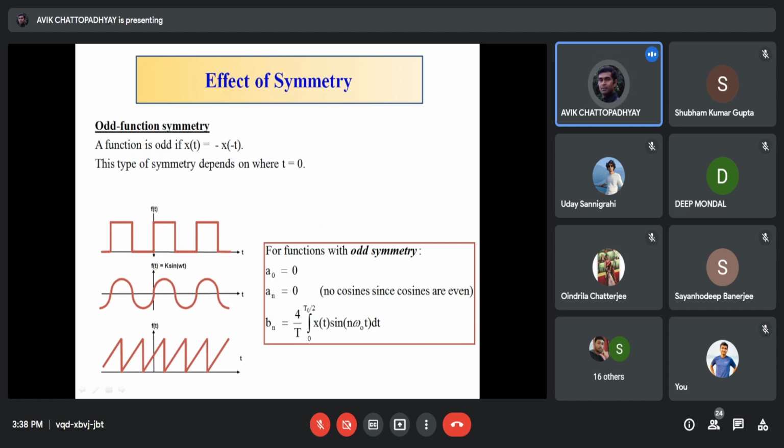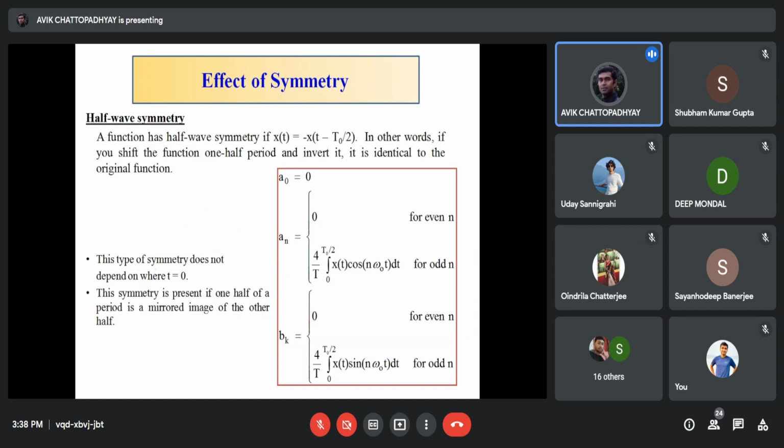of symmetry also. Out of them, the third one in our list is called the half wave symmetry. Okay, it is the half wave symmetry. Now, what is that?